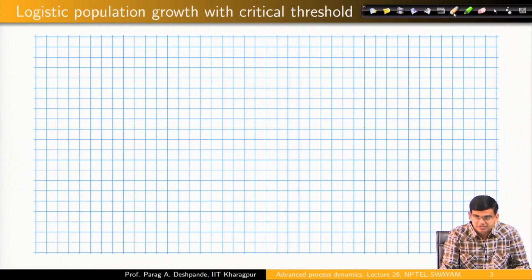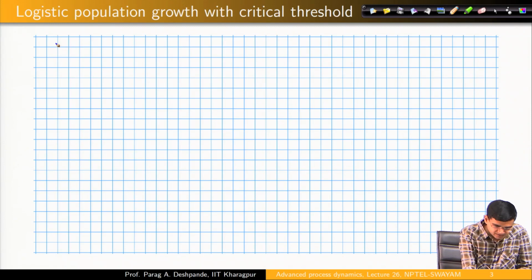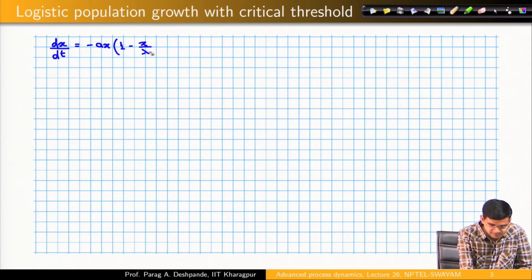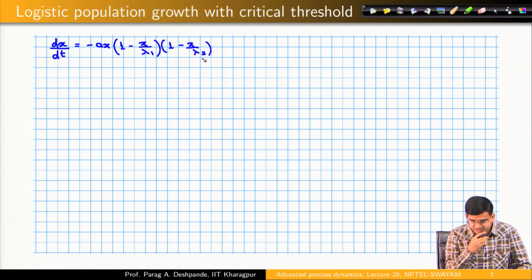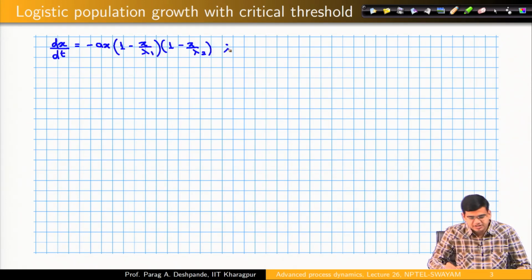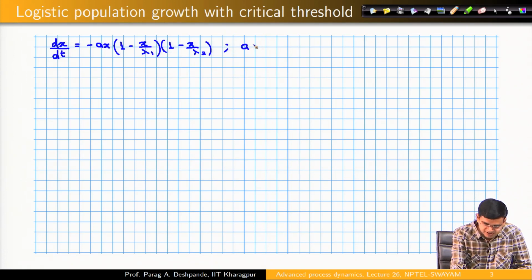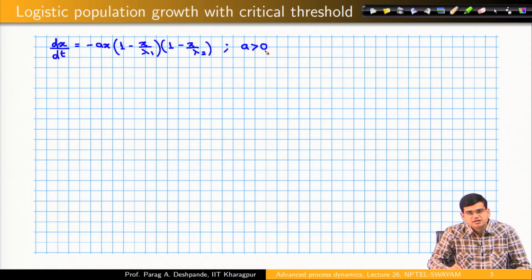So, our equation is dx by dt is equal to minus a x, 1 minus x upon lambda 1, 1 minus x upon lambda 2. A few things can be said about the parameters of this equation. I know that a must be greater than 0 because a is the growth parameter.